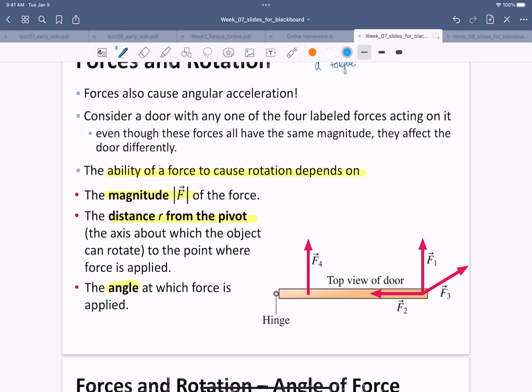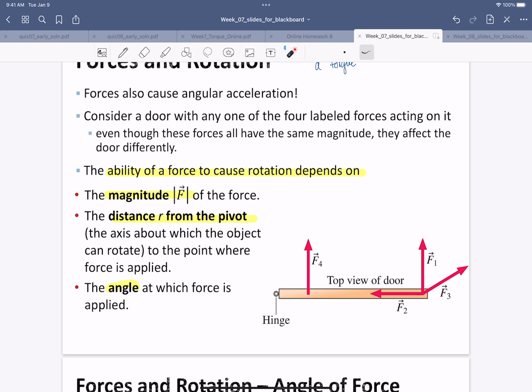If I push 3 centimeters or 4 centimeters away from the hinge, it's going to be a little bit difficult because I'll have a very small radius, or very small distance away from the pivot. And so if I want to exert a torque, if I want to increase the ability of the object to rotate, then I have to exert a really huge force to enable the door to close, right?